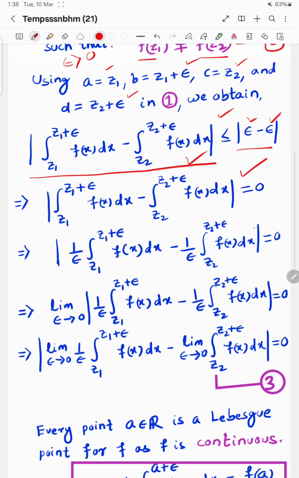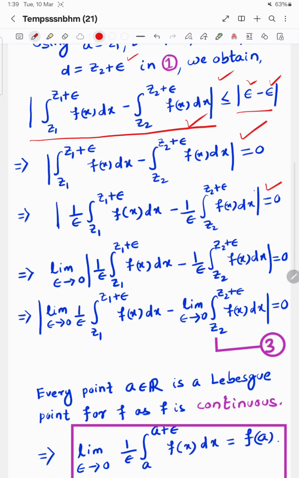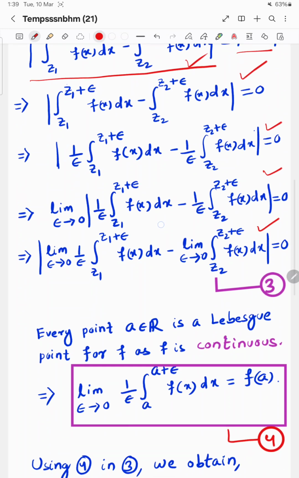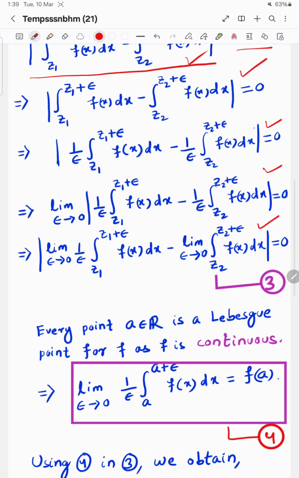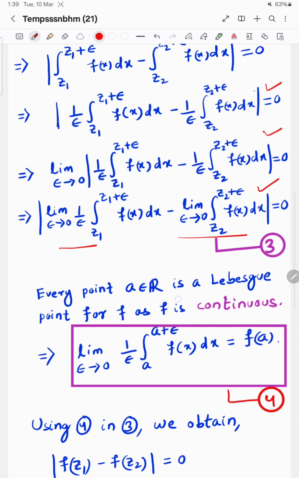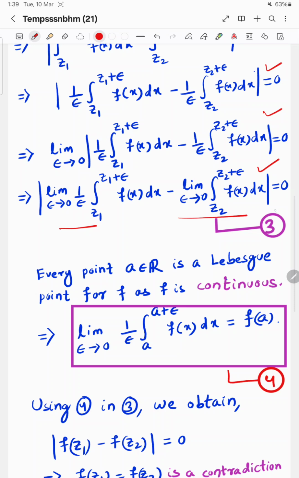Then we will divide by epsilon on both sides and get this equality. After that we will take the limit as epsilon tends to 0 on both sides, and we know that modulus is a continuous function, so the limit comes inside. The limit of the difference is the difference of the limits, so by using the algebra of limits we get this equality, equation 3.